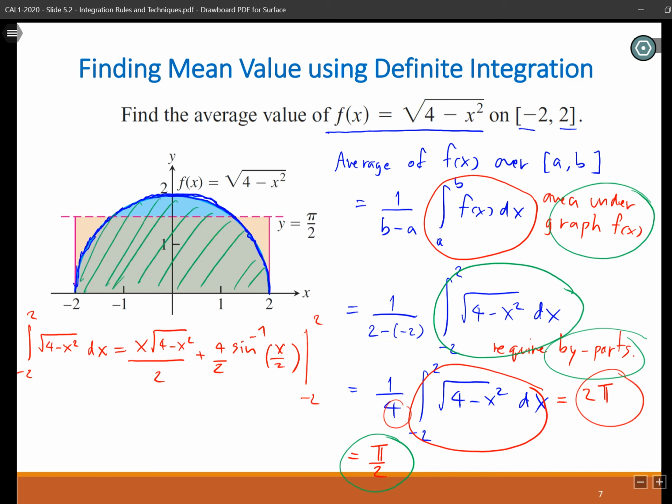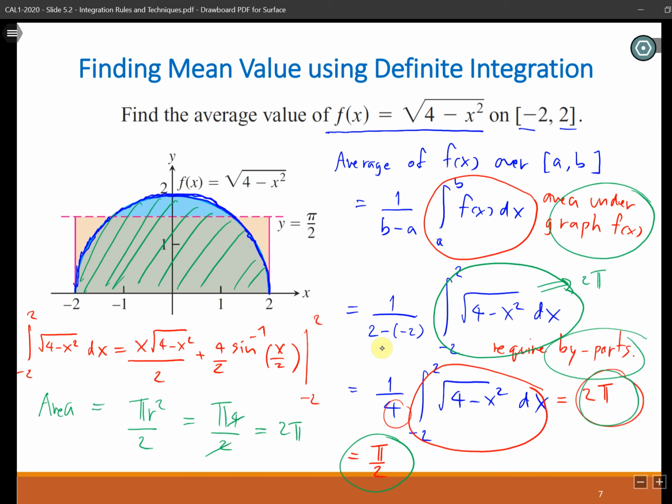It's going to be half the circle with radius of 2. So area here is going to be pi r squared, and this is half the circle, so over 2. The r that we have right here is 2, so this is 4 pi divided by 2. So in the end, this is going to be equal to 2 pi, just the same as that.